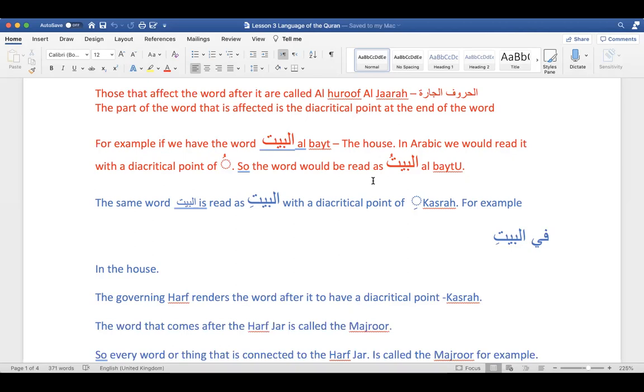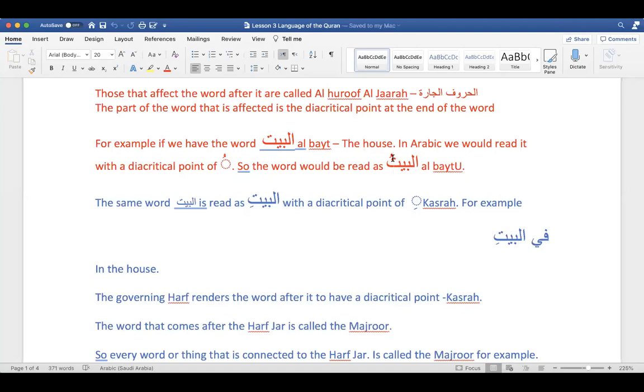Generally the diacritical point is the haraka on the last letter of the word. So with this word al-baytu, the diacritical point is the dhamma, meaning the last letter has a dhamma on it.